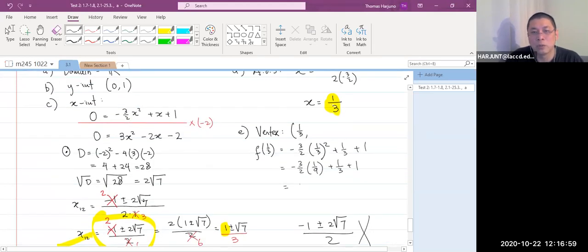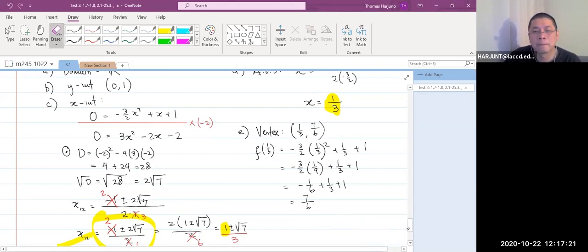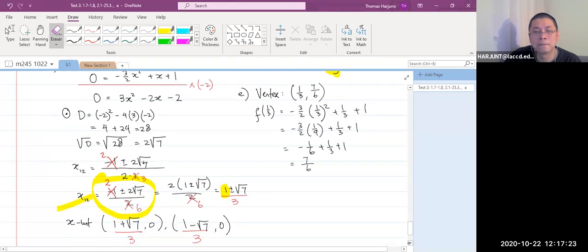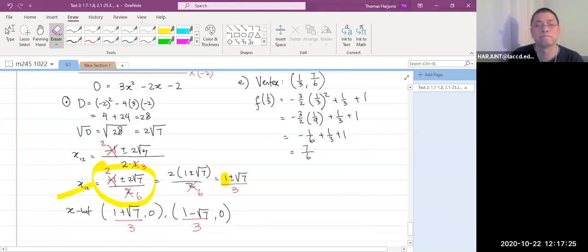So this will be negative 1/6 plus 1/3 plus 1. That will be 7/6.